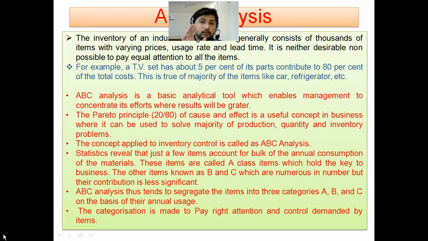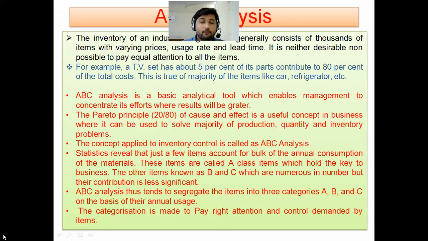We have to provide 80% attention to the 20% of components which are more valuable, or which have the highest priority, and 20% attention to the less valuable components. When this is applied in industry, most of the problems related to material handling and material inventory will get reduced.